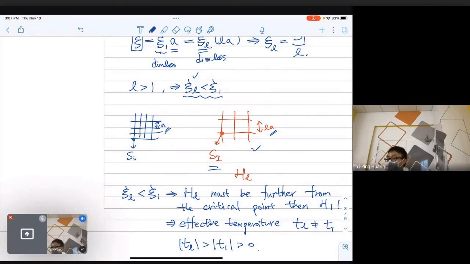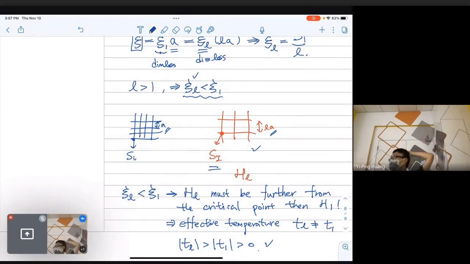So that also means that in this coarse-grained model, the effective temperature is actually further away from the critical temperature because the correlation length is shorter compared with the previous one. And because of that, we get this relation that TL is greater than T1, which means it is away from the critical temperature, and T1 is greater than 0.